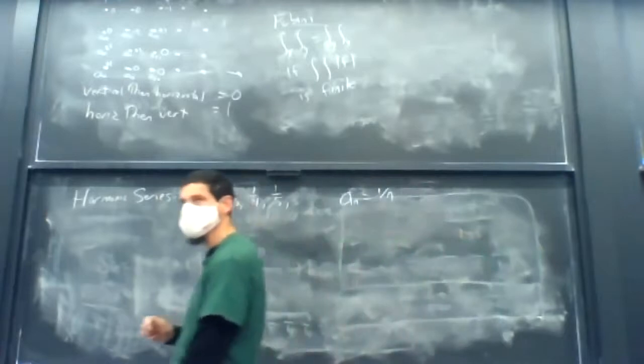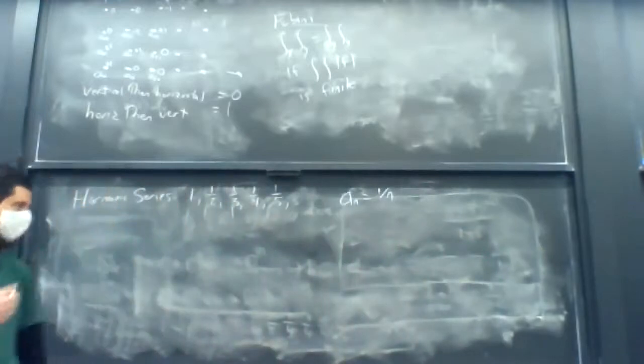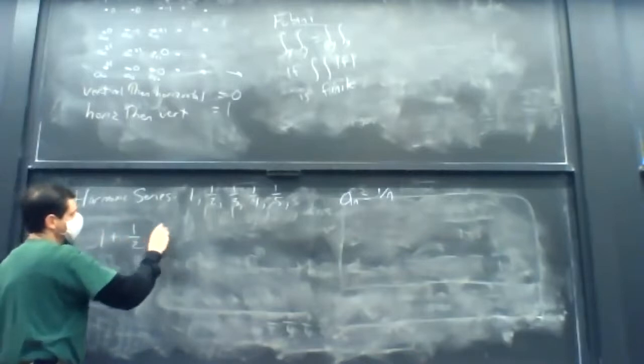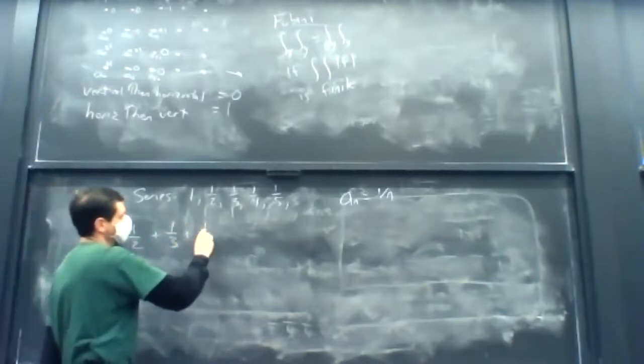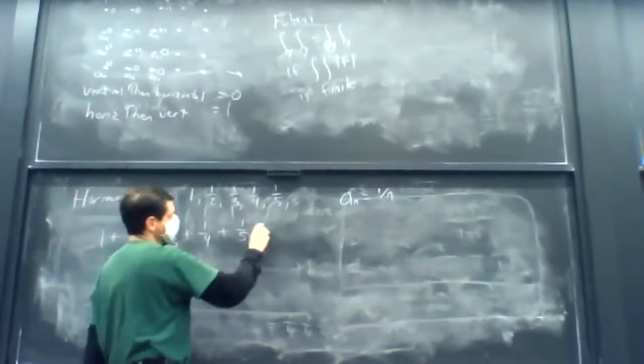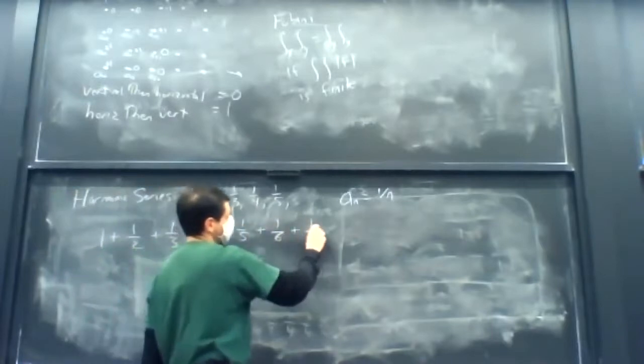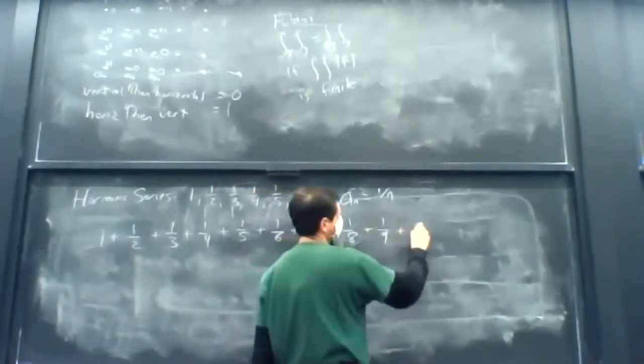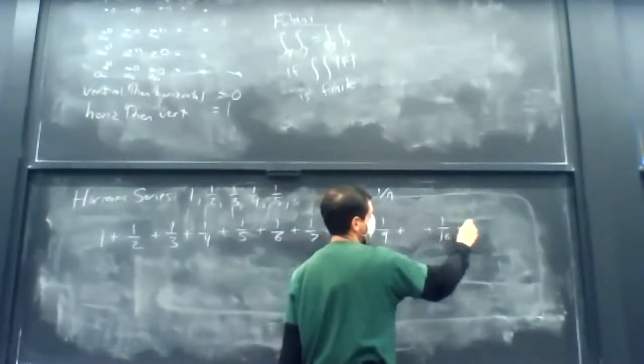There's a couple of ways to prove that it diverges. I think the simplest is 1 plus a half, plus a third, plus a fourth, plus a fifth, plus a sixth, plus a seventh, plus an eighth, plus a ninth, plus a 16th.